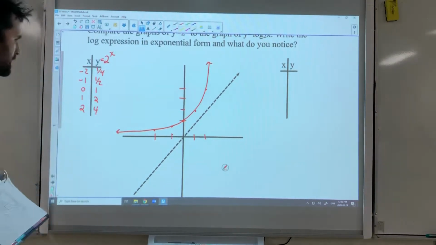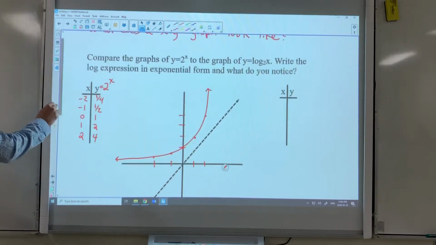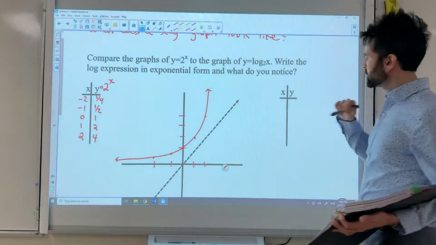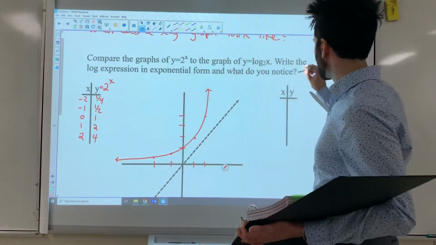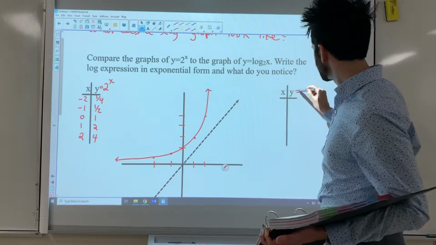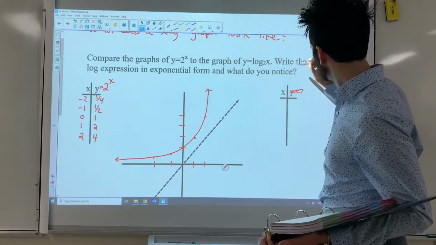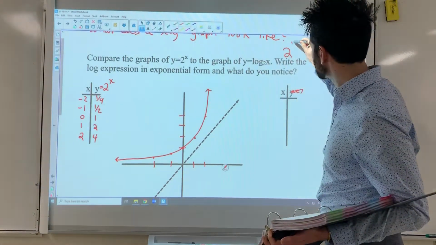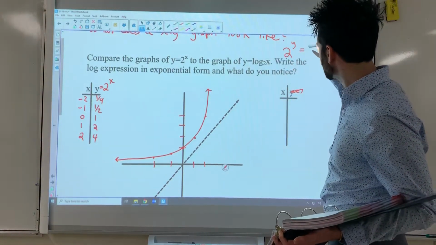All right. Now, how are we going to deal with the log graph? Well, we know how to rewrite this, right? So let's rewrite the log graph. If we take this, then this would be the base, 2, raised to the power of the answer, so it'd be 2 to the y equals the argument.